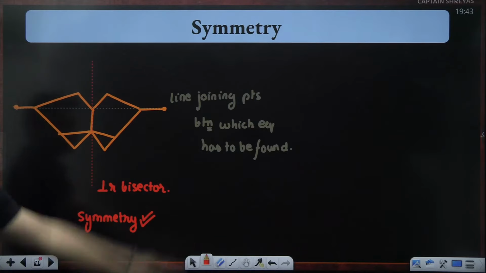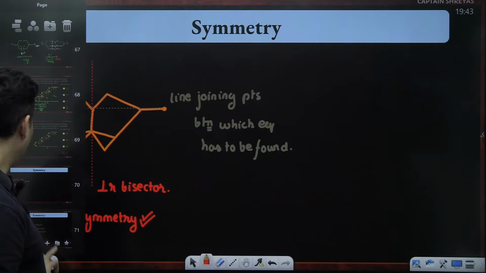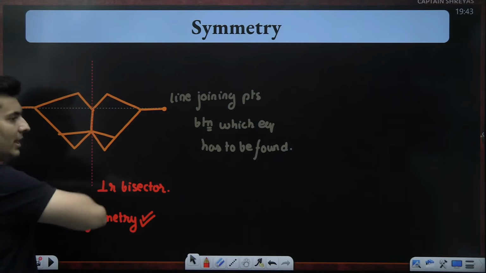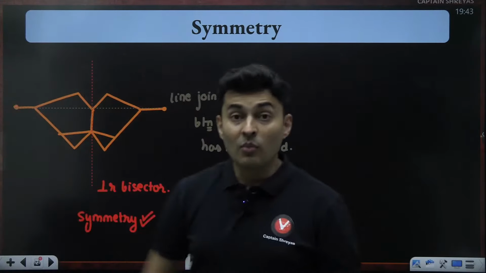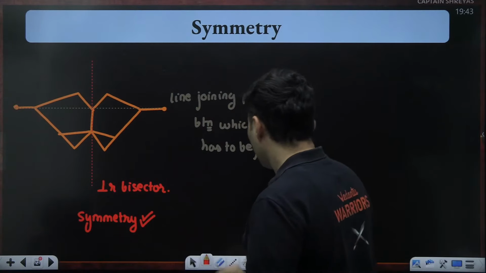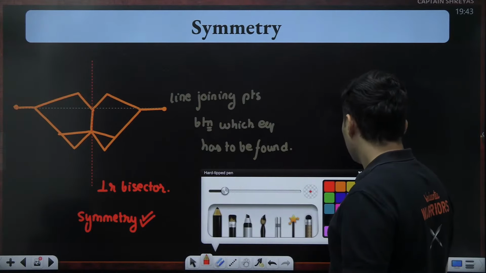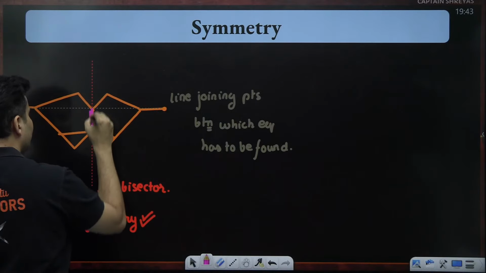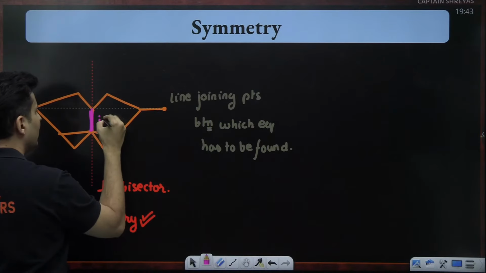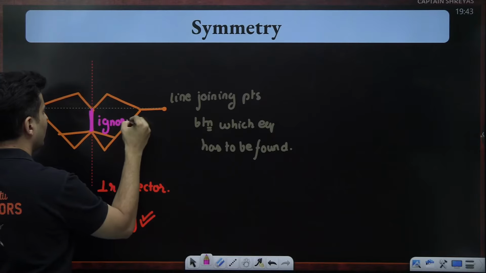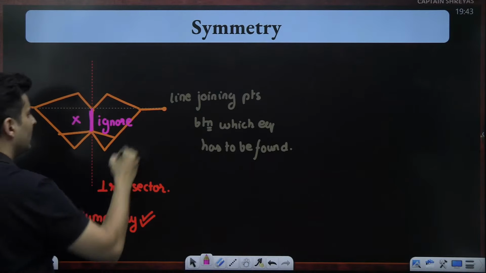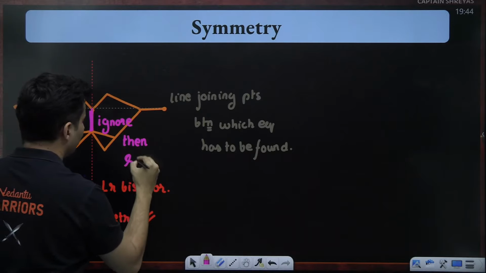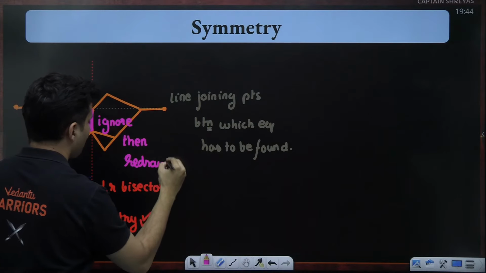The moment the symmetry exists, in the next step, whatever comes on that line of symmetry, remove it. You can completely ignore this particular part and then redraw the entire circuit.